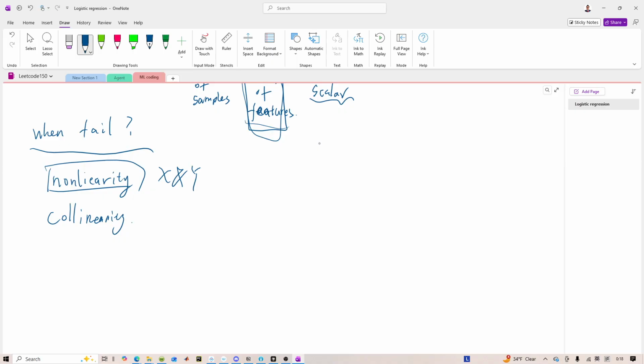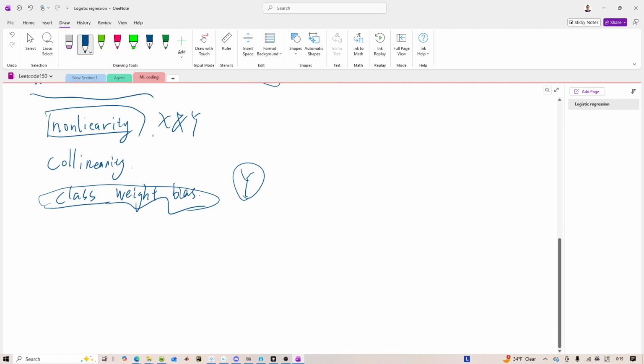And if it has a severe class imbalance, meaning the class distribution is not even, you have just a few negative samples in y, you might need to do additional work before applying this algorithm.